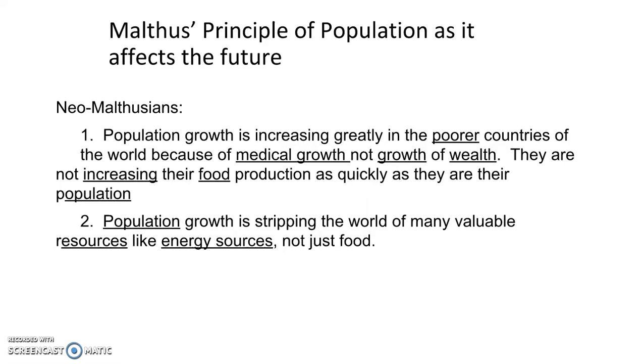So because of living longer and improvements in medical care, and not necessarily because they are improving standard of living, improving wealth, or improving incomes, they're not increasing their food production as quickly as they are increasing their population. And so again, they say that this would lead to this phenomenon of population outpacing food.